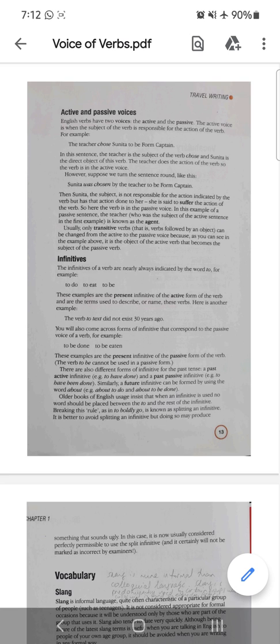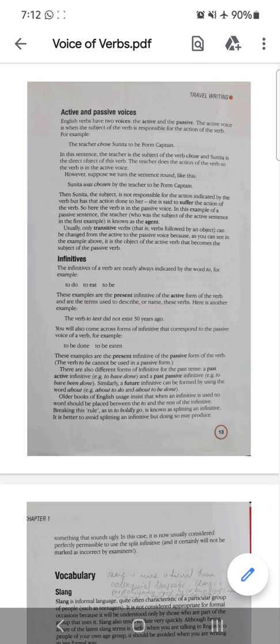Because in sentence number 1, Sunita was the object, and in sentence number 2, Sunita became your subject, right? An example of a transitive verb is bring. If I say, can you bring, then I have to say, can you bring some coffee, for example. I can't just say bring and stop. But then you have intransitive verbs, like if I say, the girl jumped, I don't need an object here, right?